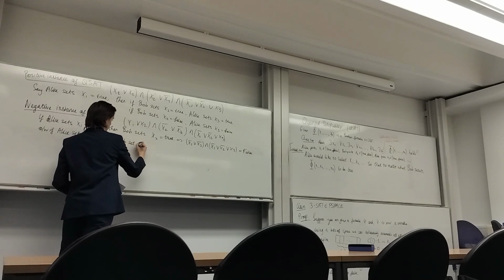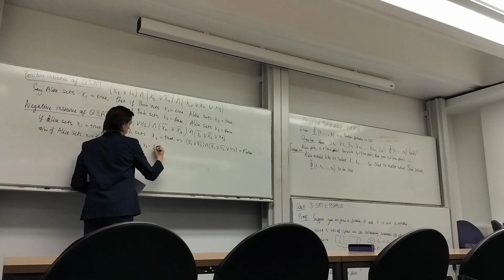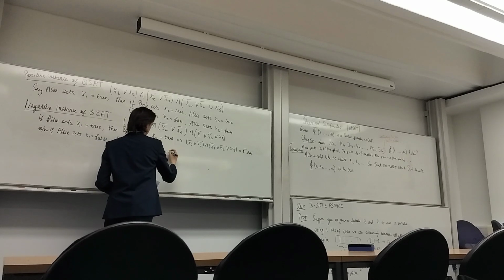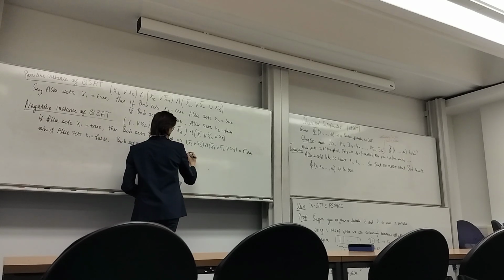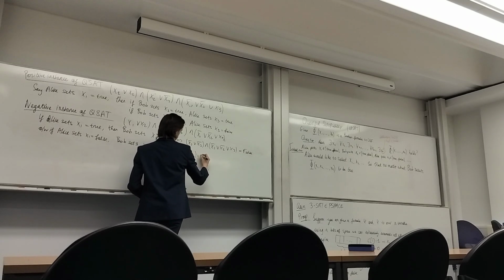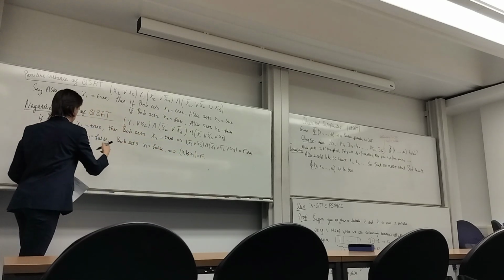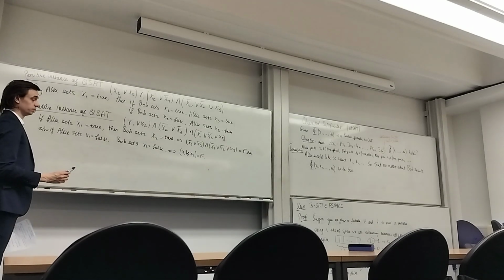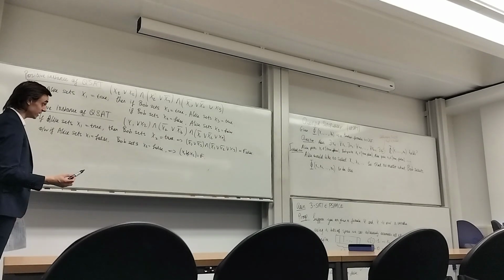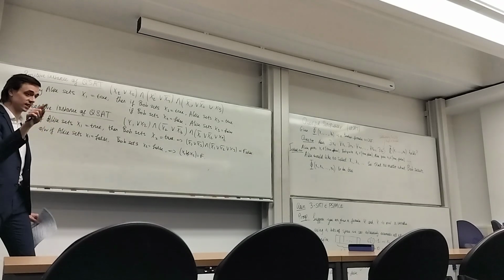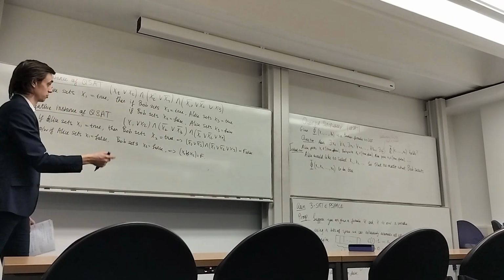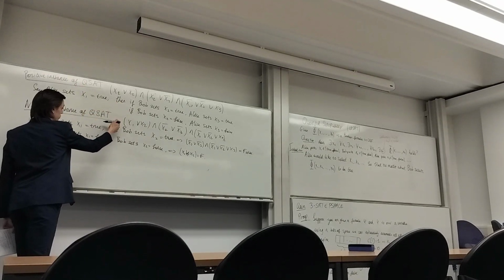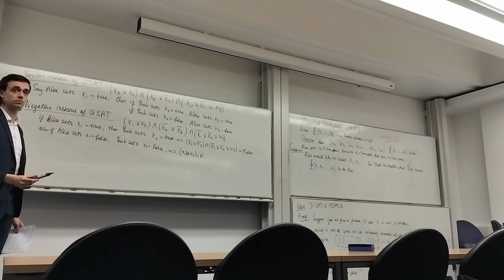Bob just sets x2 to be false. And then this implies that x1 or x2 is false. You just fail the first clause because Alice stepped into making that clause false. So then indeed, you don't have that there exists x1 for all x2, there exists x3 for which this formula holds. Does that make sense?